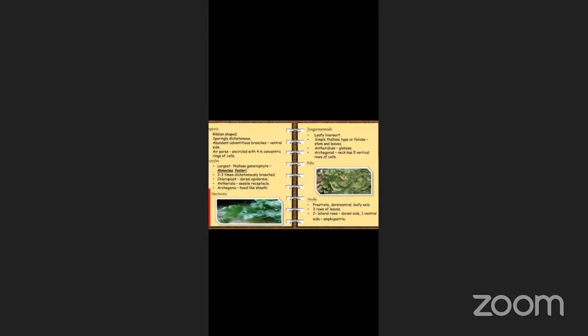Progress means moving forward, or increasing gradually; it will be developed. So the retrogressive theory has two parts, and the first one is reduction, the reduction of the thallus.